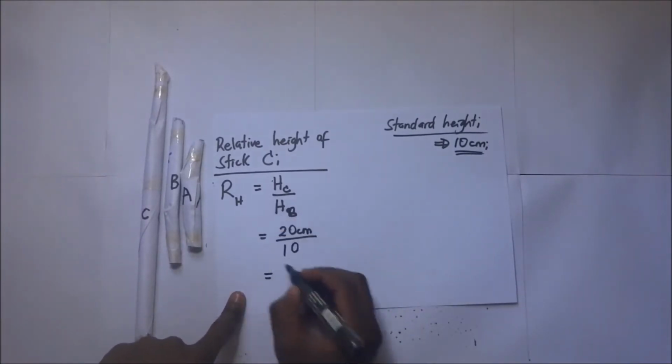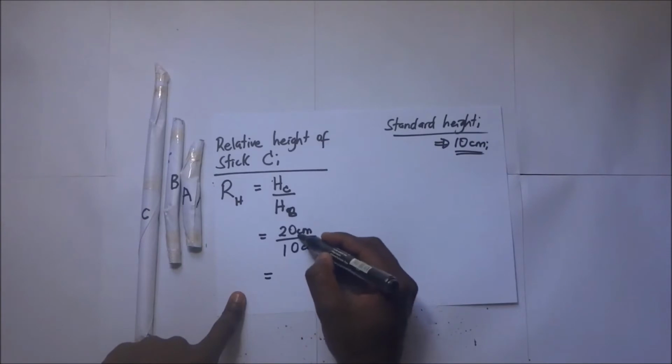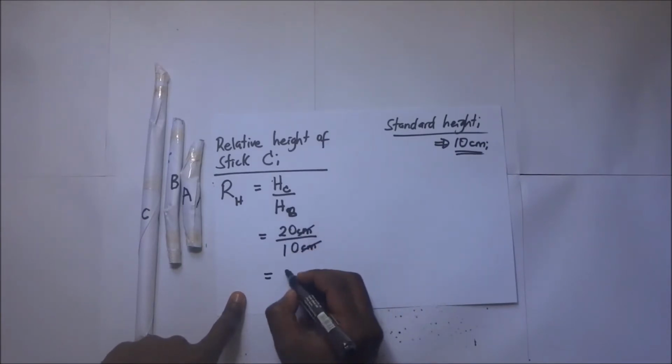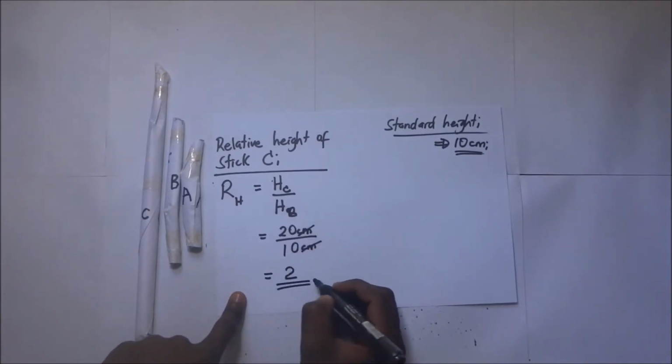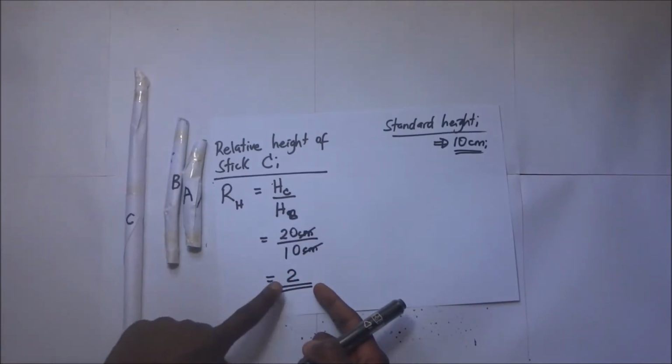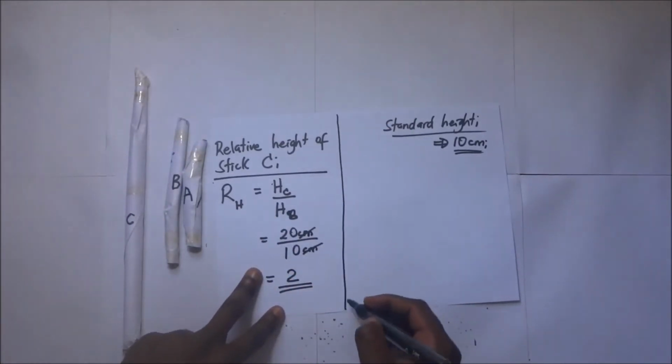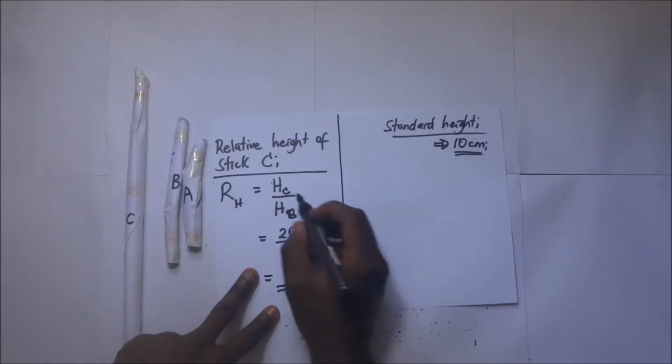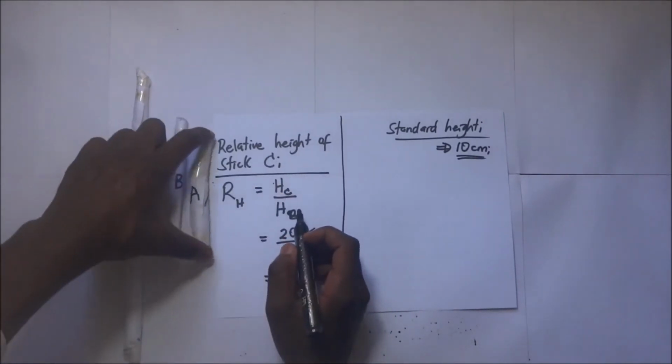This is also in centimeters. Of course, the units will cancel out. 20 divided by 10 gives us 2. And so it means that the relative height of stick C is 2. Let's look at the relative height of stick A.